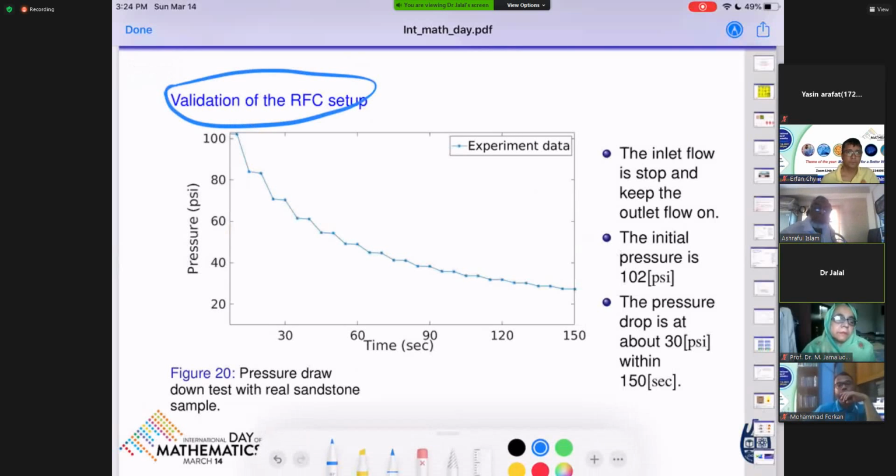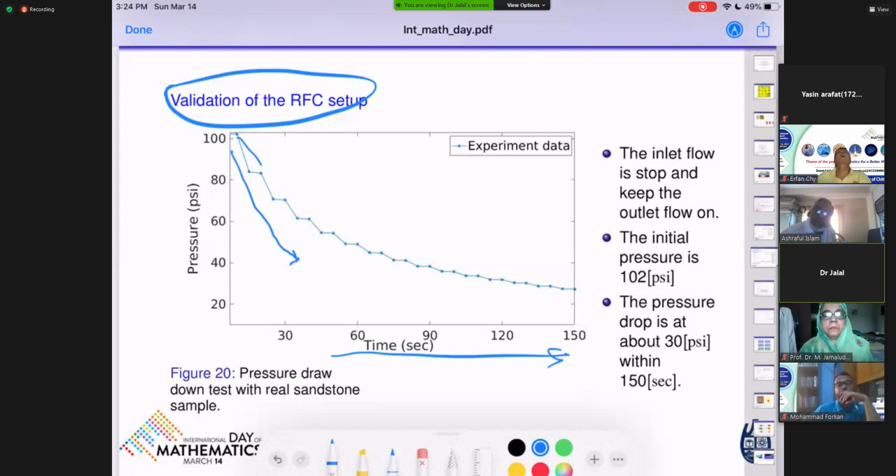What is the pressure drop? Pressure drop means when the production is underway, the pressure of a reservoir declines gradually. So when production time is increasing, pressure is declining.